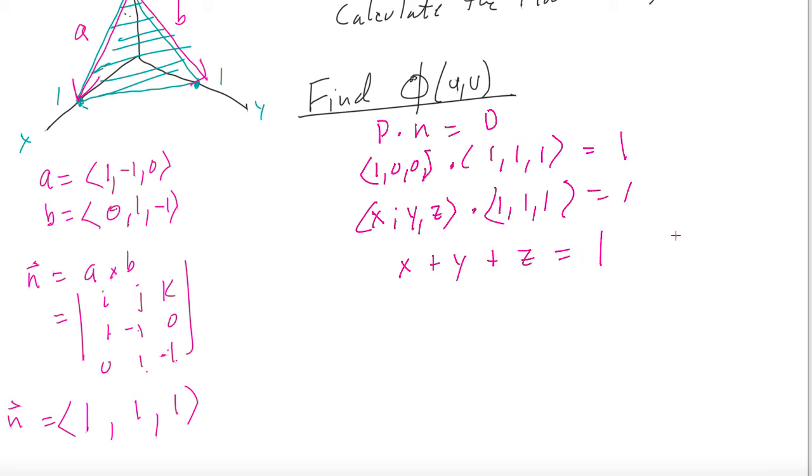That's the equation of our plane in straight up xyz coordinates, but we have to find this mapping function, this parametrization. In order to do that, you can pick any one of these. I'm going to solve for z, so z is equal to 1 minus x minus y.